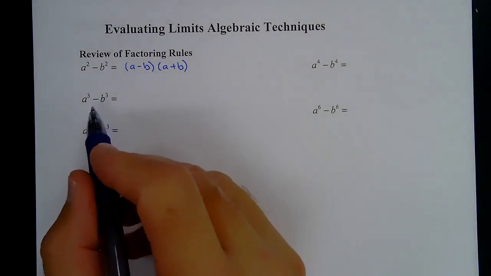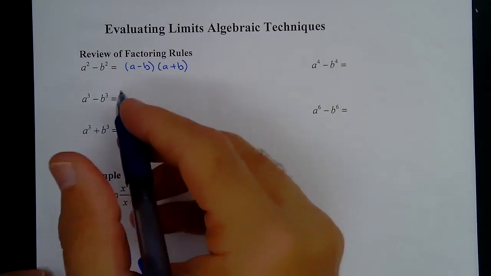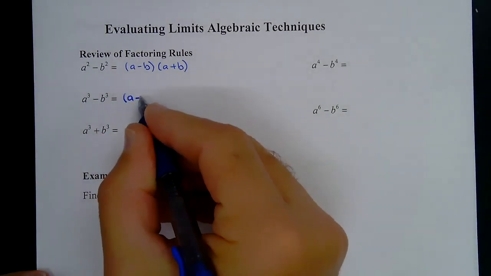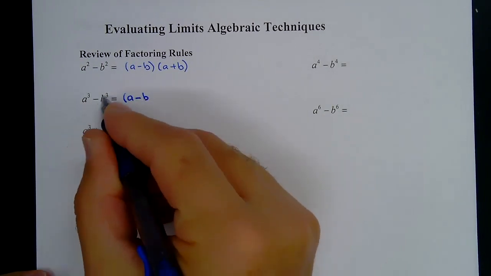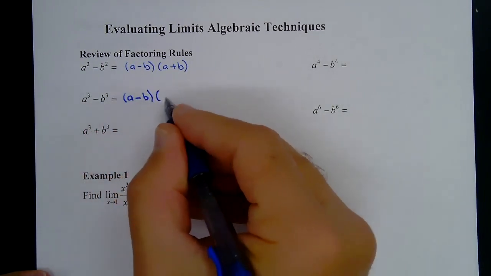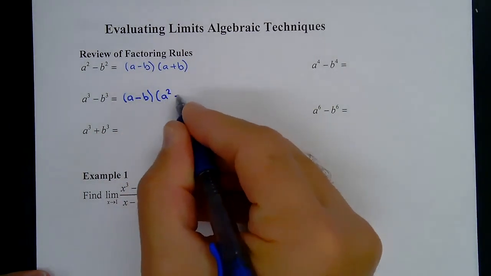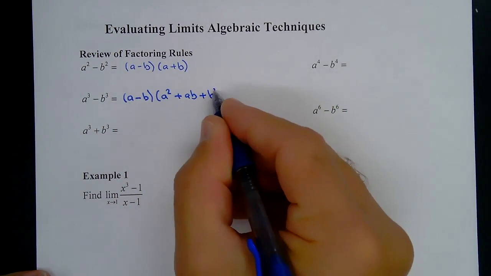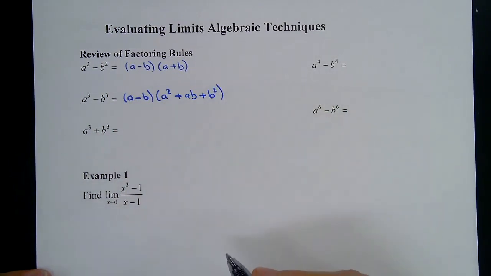And what we need to really remember is that the first factor is always the a term minus b. It's what you're cubing minus what you're cubing here, times a squared plus ab plus b squared. And I showed you guys this last year, okay?